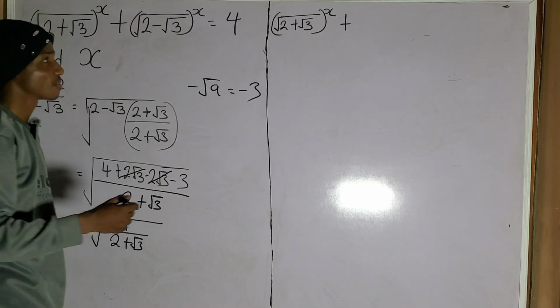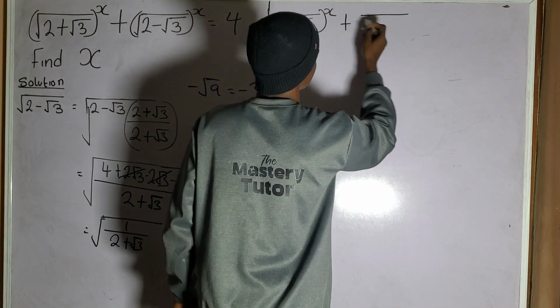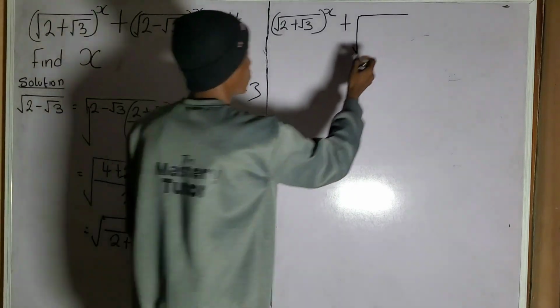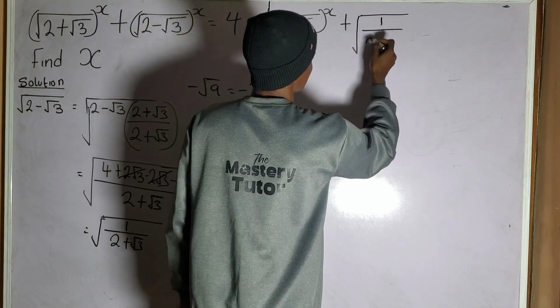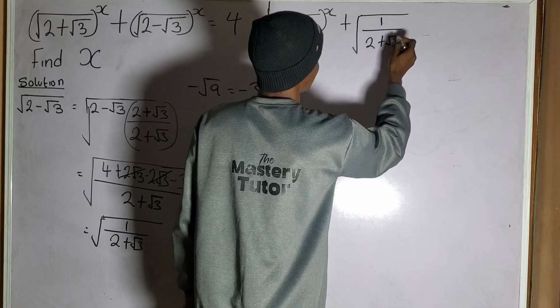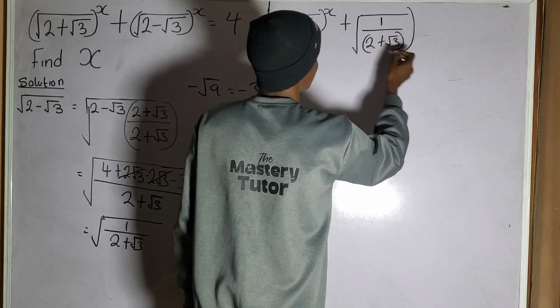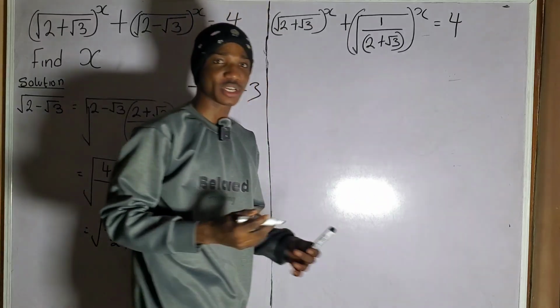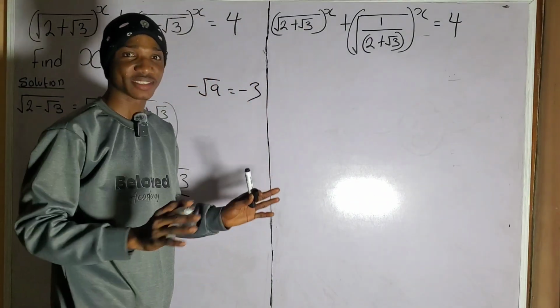So I'm going to have square root of 1 over 2 plus root 3, all this raised to the power of x. This will be equals to 4. Do you understand? Okay, I've not done anything.